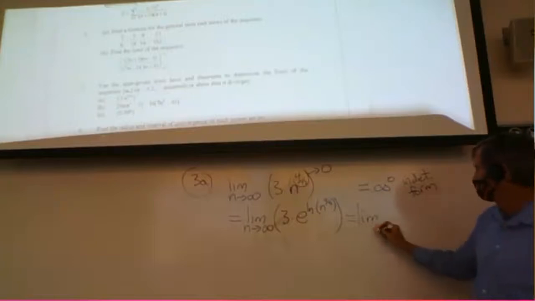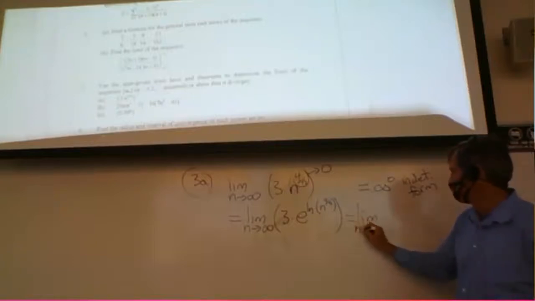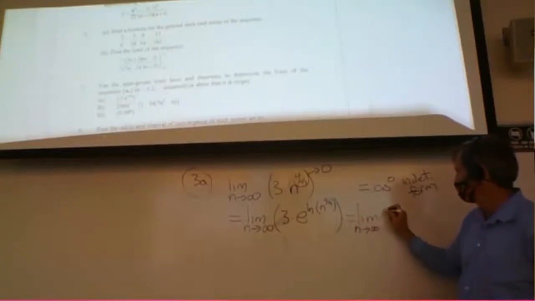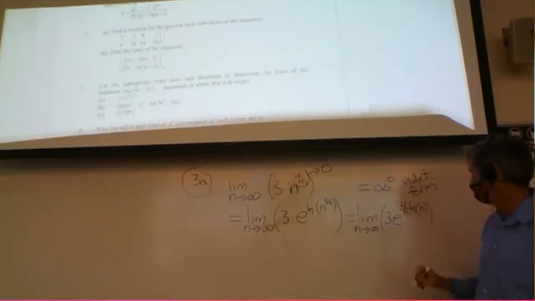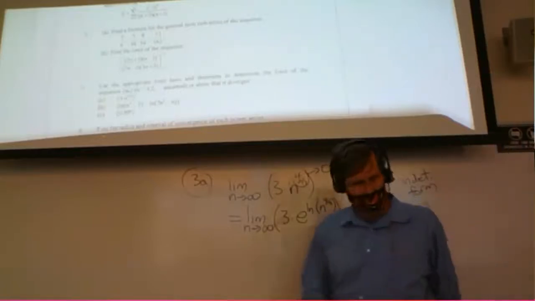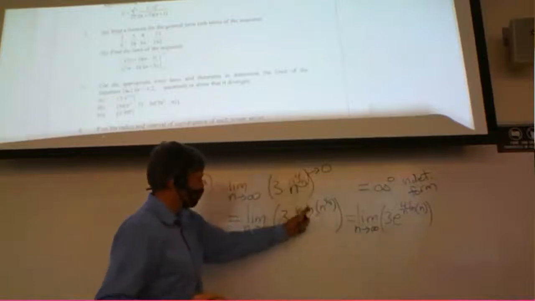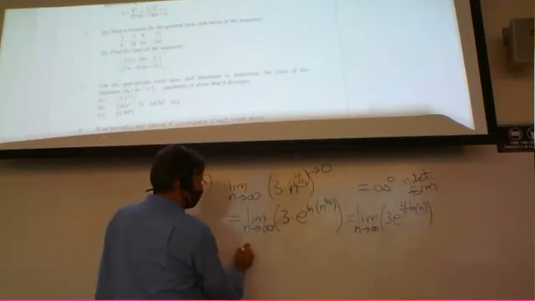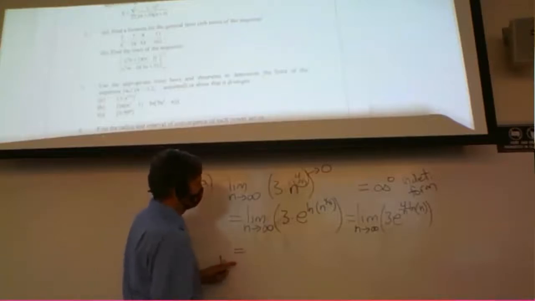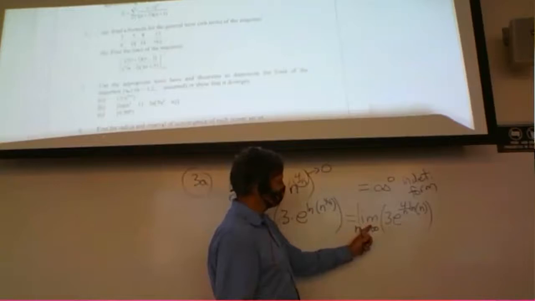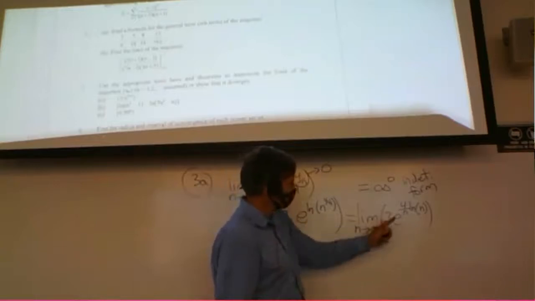I need a wire. Limit as n goes to infinity of 3 times e to the (4 over n) natural log of n, right? Just by properties of logarithms, I can pull the exponent down. Now, the limit of a continuous function, provided the limit turns out to exist, can be pulled inside the continuous function.